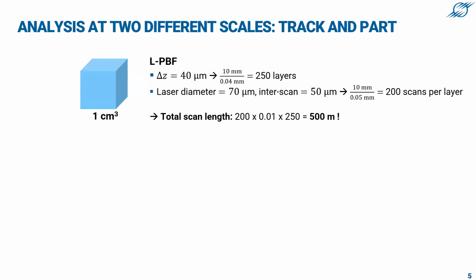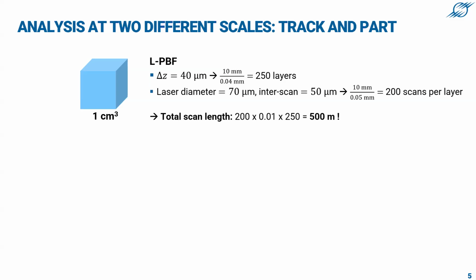And to let you realize a little bit more these different scales, I would like you to realize that in a 1 cubic centimeter of material, in LPBF, considering a classical layer thickness, 40 microns, for instance, and an interscan of 50 microns, which is quite classical, then in a single cubic centimeter, we may have about several hundreds of meters of laser scans.